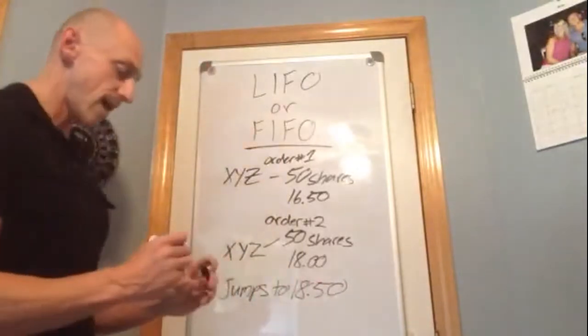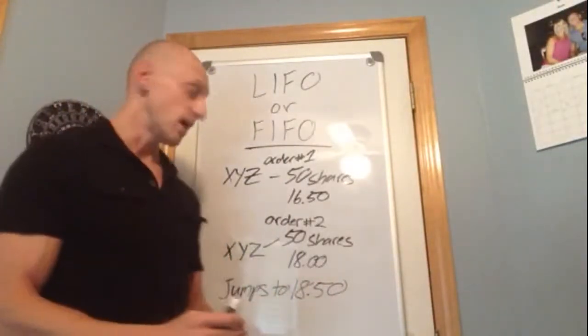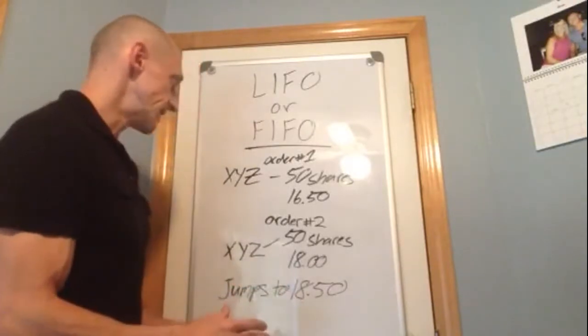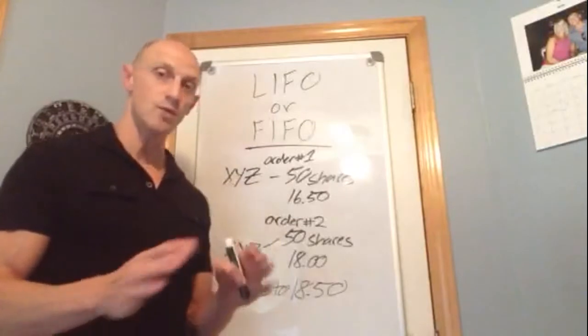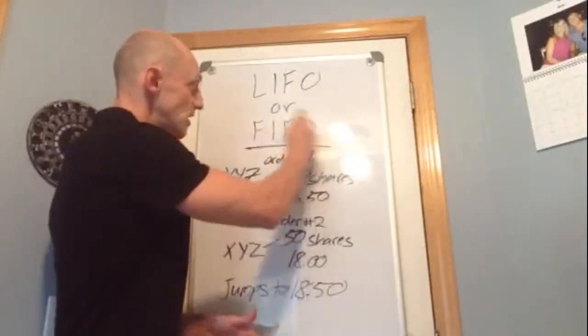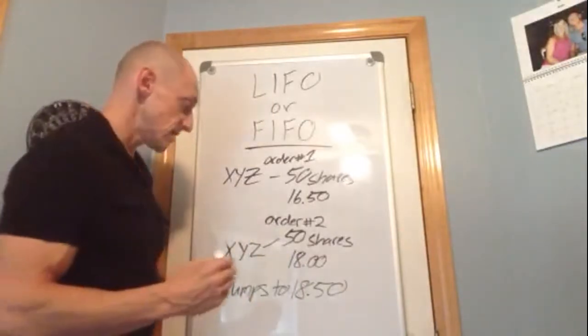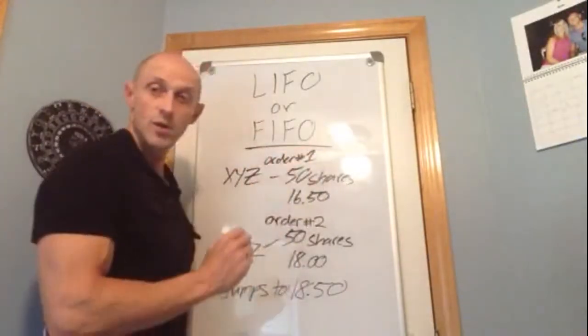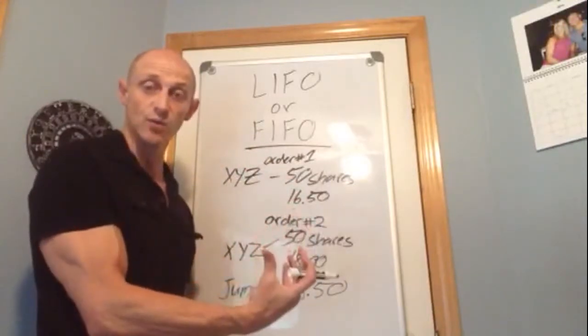Now, knowing that, you're in profit by about 50 cents. And let's just say that you want to sell some of your shares, but you're on first in, first out. Basically what that means is that your first order is going to be the first one that's sold when you take shares off the table.